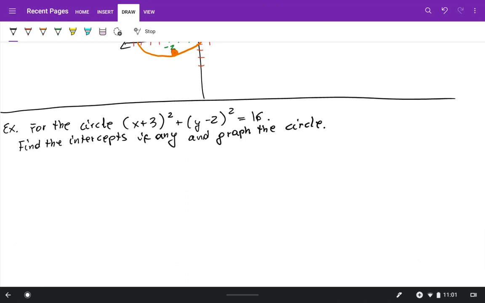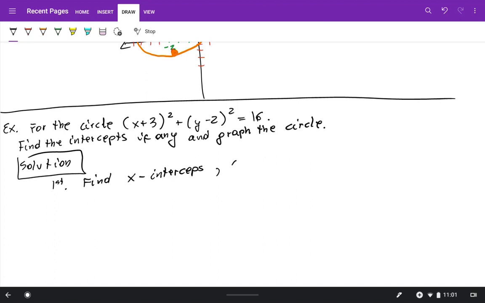Okay, so we have the standard form of the circle. So what I'm going to do first, I'm going to find the x-intercepts, if any.